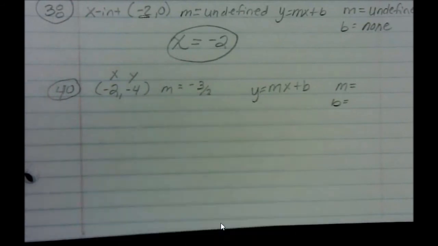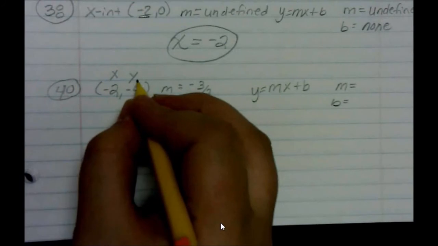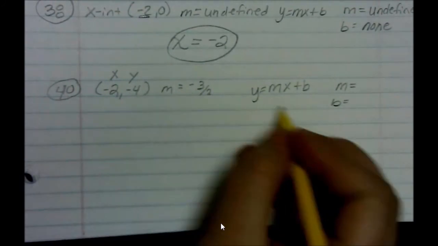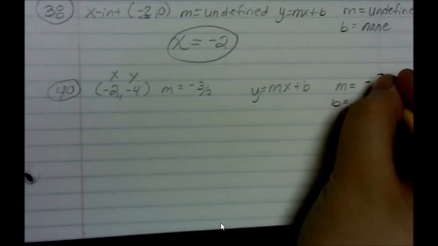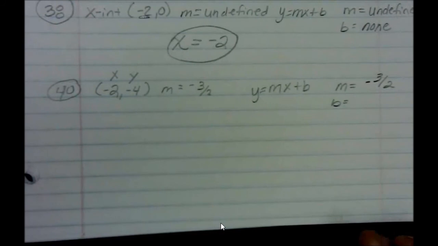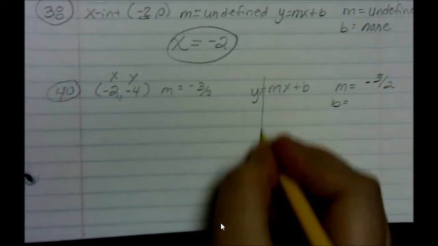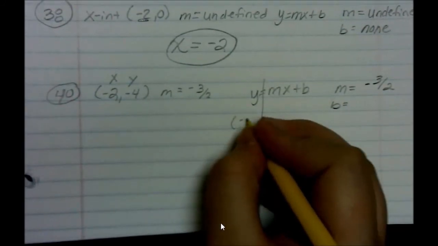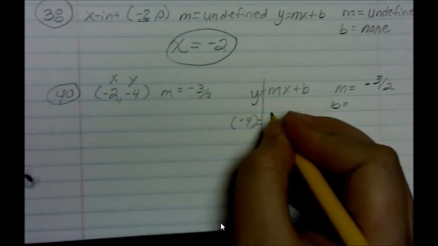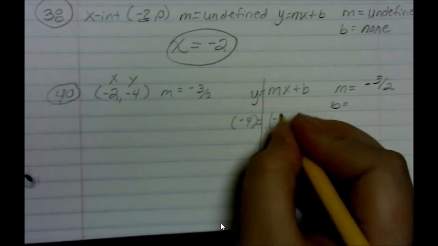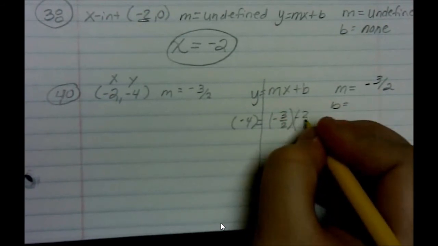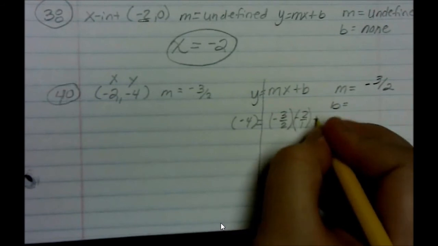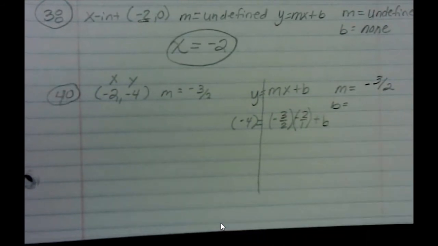So we're going to plug in these three values into our equation so we can find out what b is. Again, they told us that m is -3/2. So my y is -4. My m is -3/2. My x is -2, and I'm going to put it over 1 so I can see what my numerator and denominator are, and I'm going to bring down my plus b.